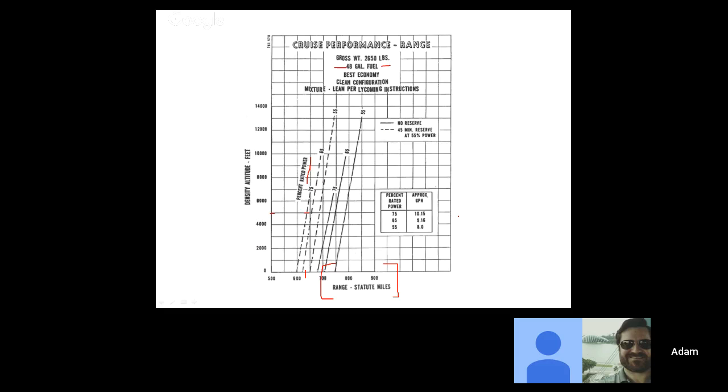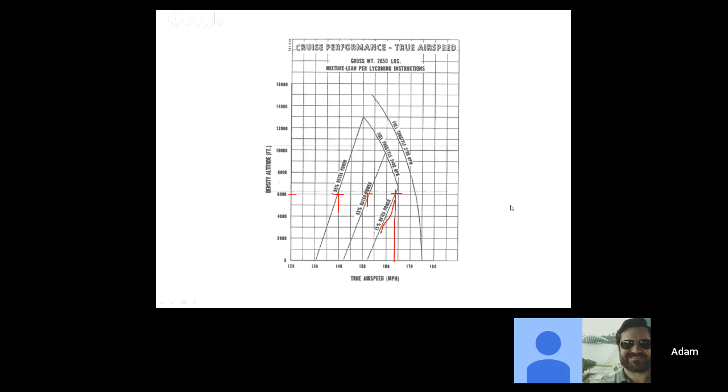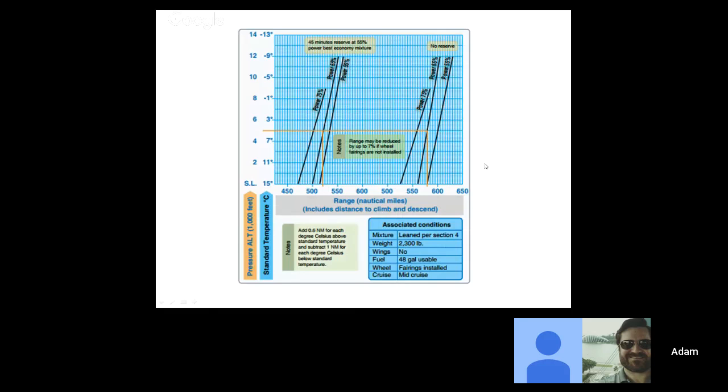Endurance, if I forgot to define it, is just how much time you can fly with a certain amount of fuel and a certain power setting. And range is how far you can fly on a certain power setting and a certain amount of fuel. Here's the handbook's example of range, similar to the Arrow's example.